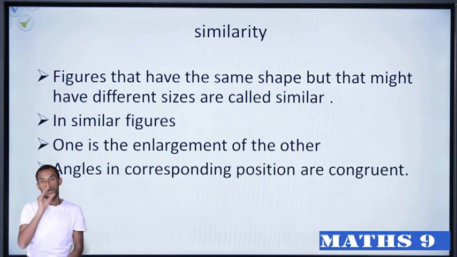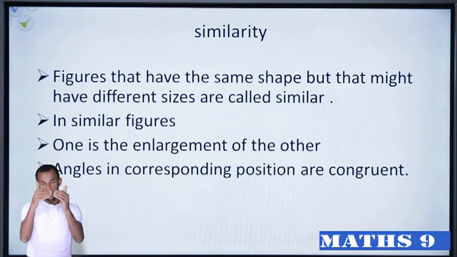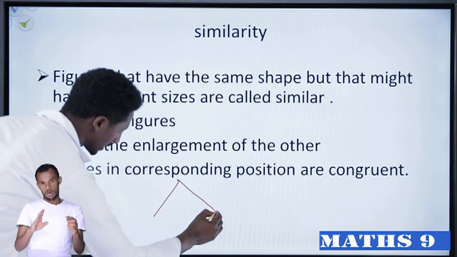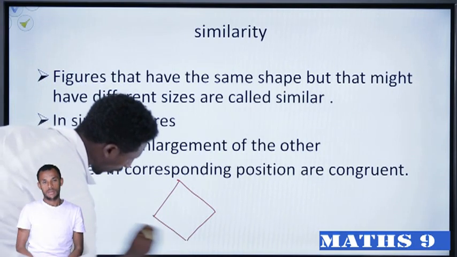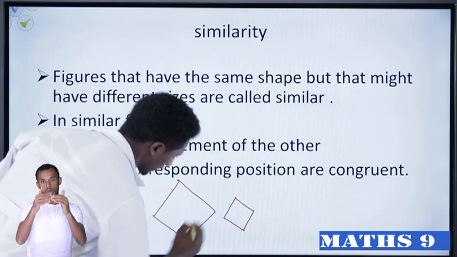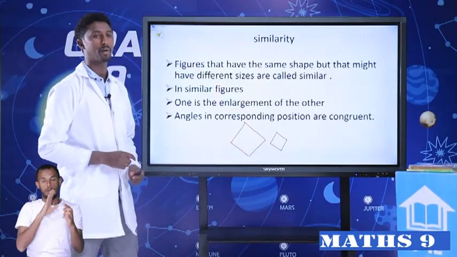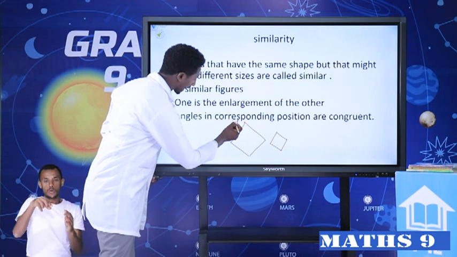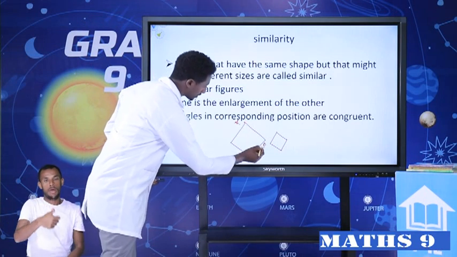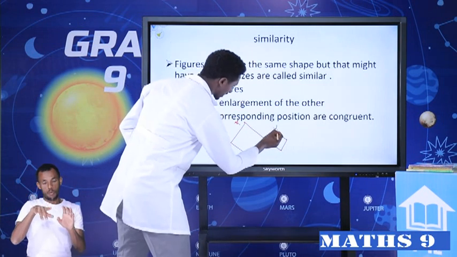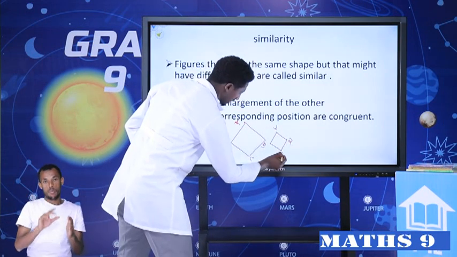And angles in corresponding position must be congruent. We have these two quadrilaterals: quadrilateral ABCD, and let the vertices of the other be denoted by these numbers.